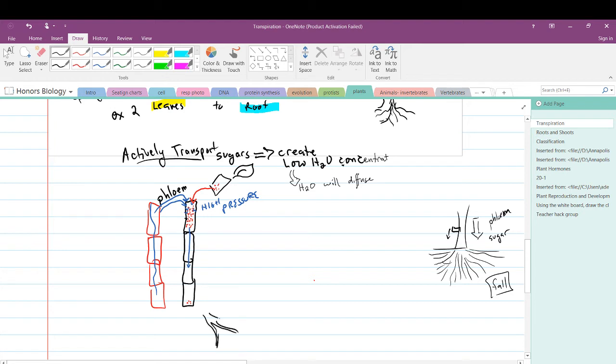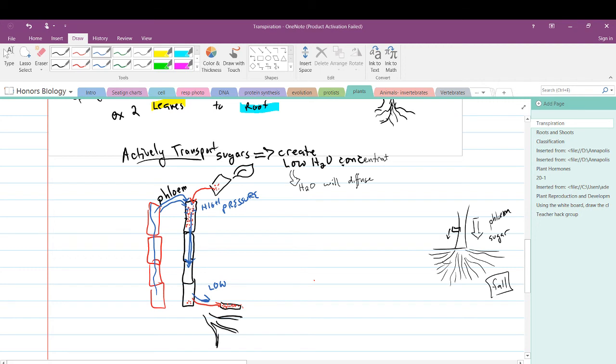Again, here's our actual picture, but if I were to take a cell from the root system, it works just the same down here. You're going to actively transport sugars out of the phloem into the root cells, and this is going to create a low pressure as water leaves. So down here, this is a low pressure, and we know that fluids and gases are going to move from high pressure to low pressure.